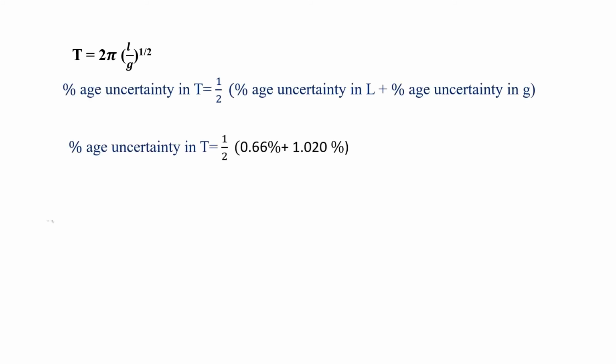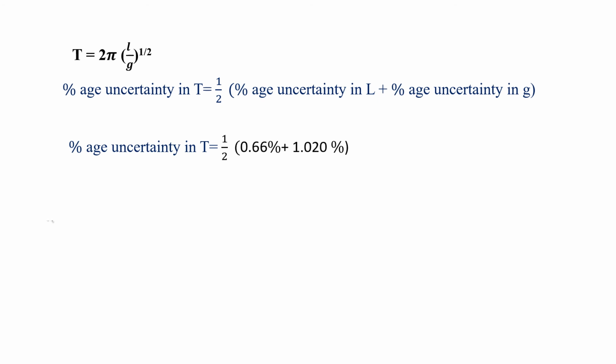As this formula of time period contains power factor 1 divided by 2, so for calculating percentage uncertainty in time period T, we can add percentage uncertainty in length and percentage uncertainty in G, and answer will be divided by 2 because we have formula for power factor.